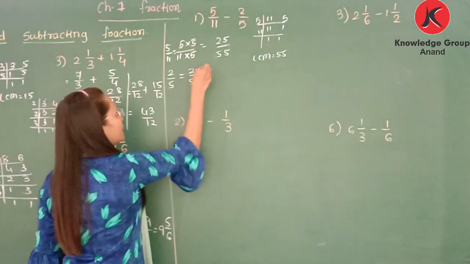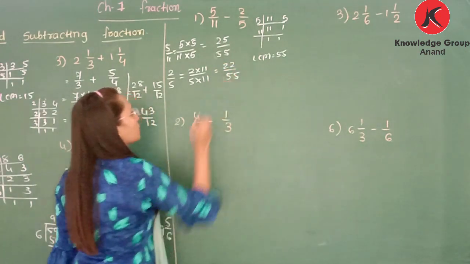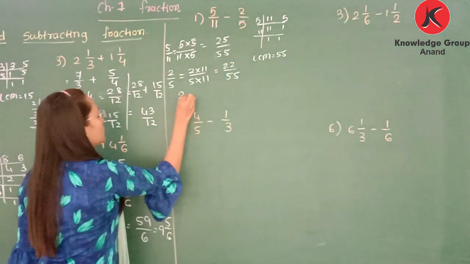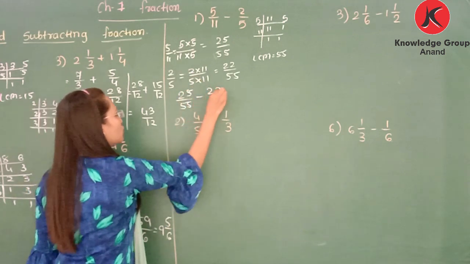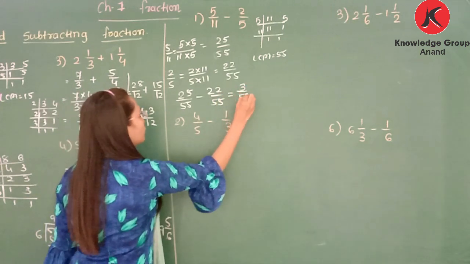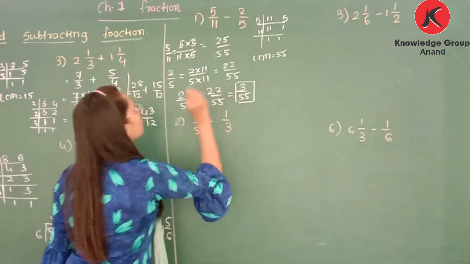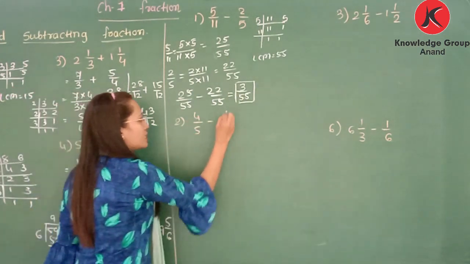So 2 is also multiplied with 11. 22 by 55. Now perform the subtraction. 25 by 55 minus 22 by 55. So answer is 3 by 55.